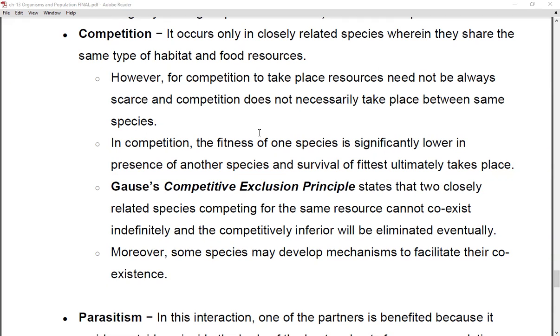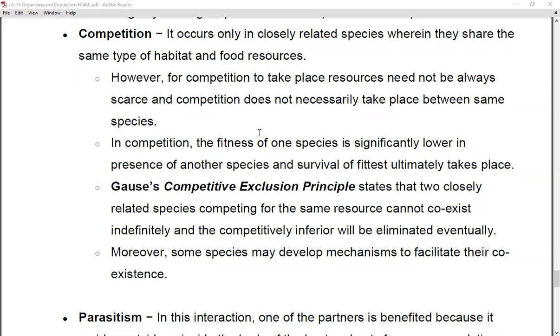But if there is scarcity of some resources, then competition takes place between nearly or closely related species. In competition, the fitness of one species is significantly lower in the presence of another species, and survival of the fittest ultimately takes place.